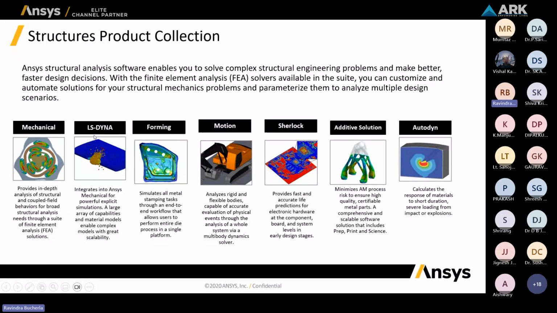And LS-DYNA is a powerful explicit solver which has the capabilities of both implicit and explicit dynamics, but mostly we will use LS-DYNA for solving the problems related to explicit dynamics, like automobile related examples. If we take crash analysis, seatbelt analysis, airbag inflation, bullet impacts, this kind of explicit analysis we generally do by using the LS-DYNA tool.